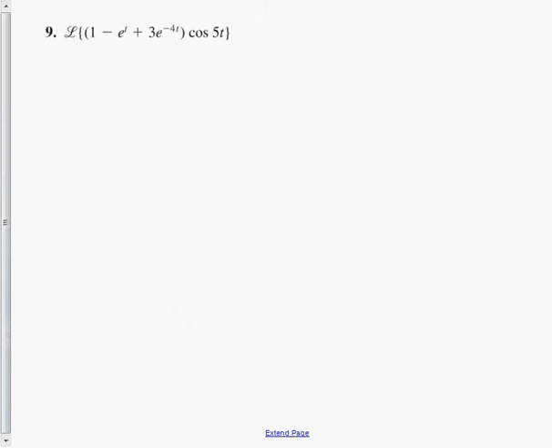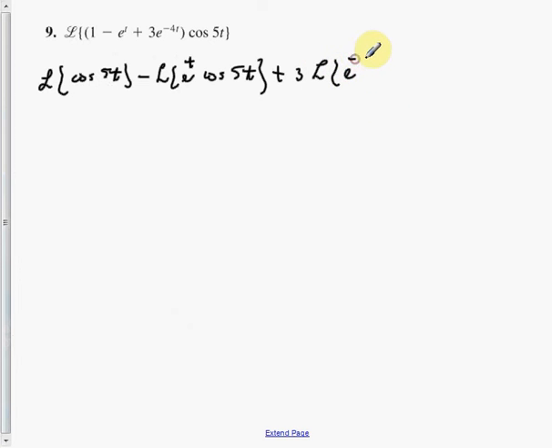Again, it doesn't matter how they complicate it. Let's break this down. This is really the Laplace transform of 3 parts. This is the Laplace transform of cosine 5t minus the Laplace transform of e to the t times cosine 5t, plus 3 times the Laplace transform of e to the negative 4t times cosine 5t.